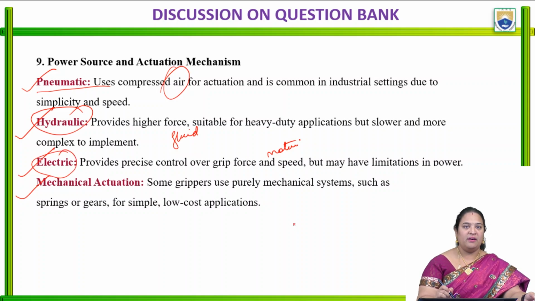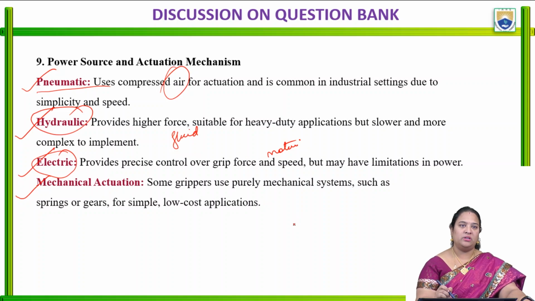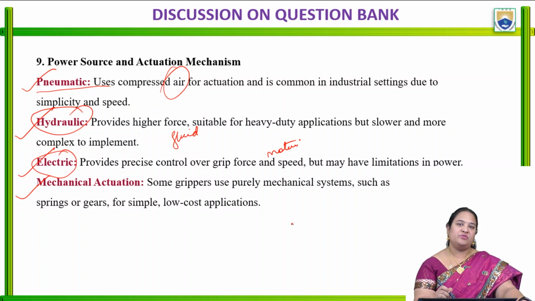That is depending upon the type of the application, the type of the robot, and the type of the industry or organization, we come across the selection of the actuator, which plays a very important role, because with the help of the actuator movement only, the robot's end effector will be moving, right?